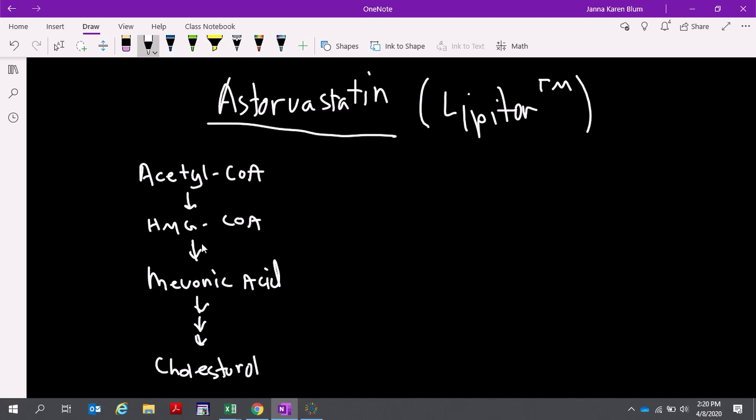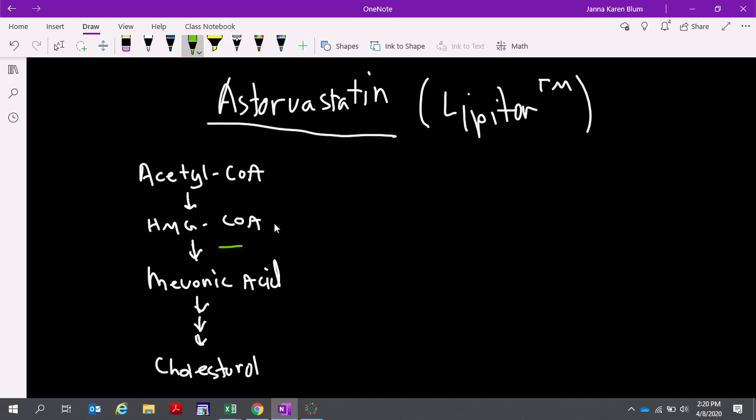And we have enzymes in our body that facilitate a lot of these steps. We're going to look specifically at this reaction, HMG-CoA to mevalonic acid. And this is an enzyme known as HMG-CoA reductase.